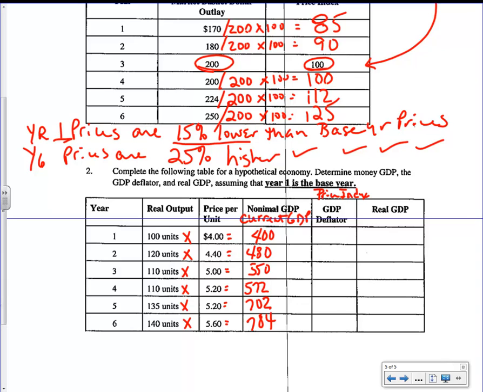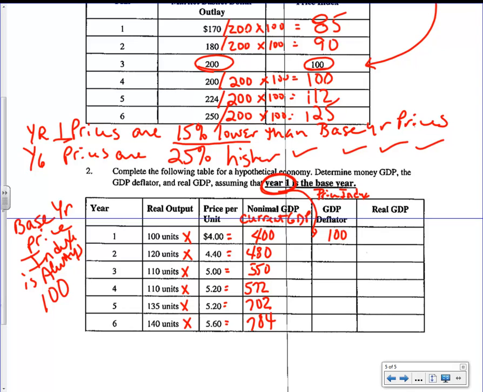Now it tells us to use year 1 as the base year. So the base year price index is always 100. So we're going to compare everything to year 1.